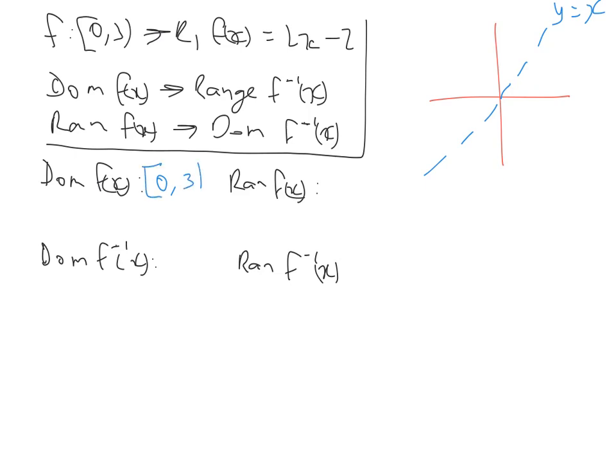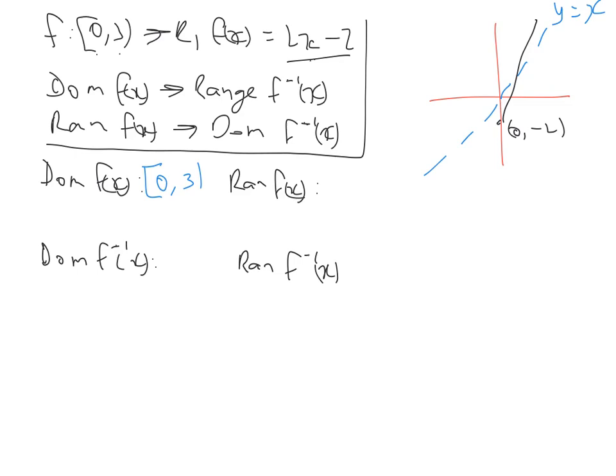And then our range, if we were to graph this, we're graphing 2x minus 2, so we're going to start at -2 and go up on a gradient of 2. So here we're at 0 and -2. Because we know it's one-to-one and linear, we're going to go to 3.